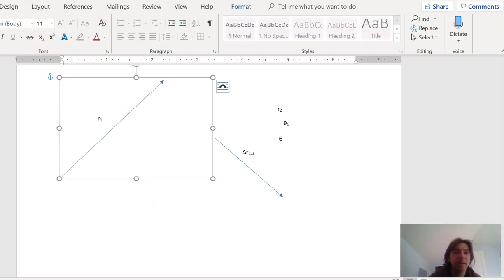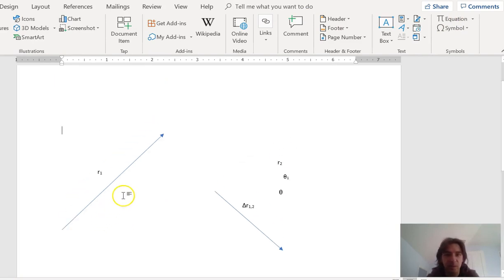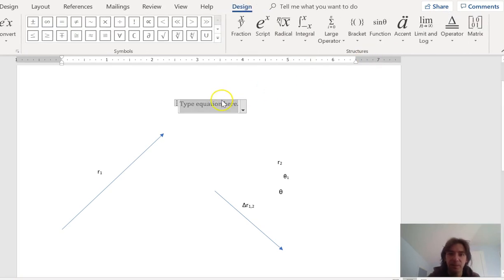If I want to know where it is going to be later on, that's to ask, when I add R1 to delta R1,2, what do I get? What I'm going to get is R2, but what is that?